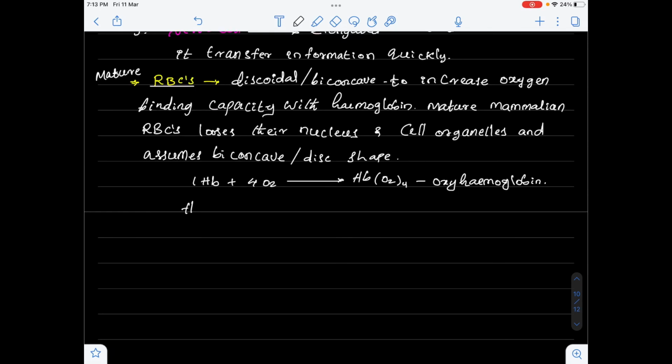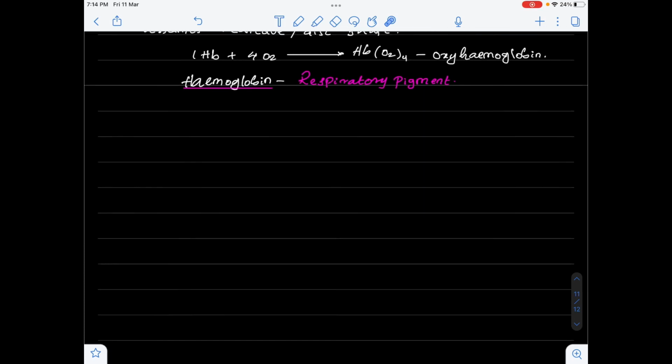See here, hemoglobin is the respiratory pigment. To increase this oxygen binding capacity with hemoglobin, mature mammalian RBCs lose their nucleus and cell organelles, assuming biconcave or discoidal shape. So from this we can say that the shape of the cell mainly depends upon the specific function it performs.